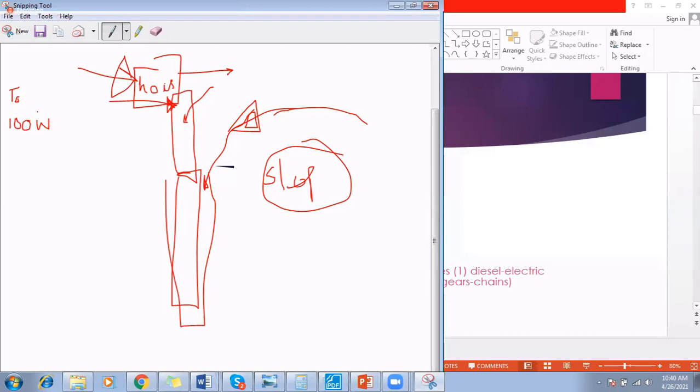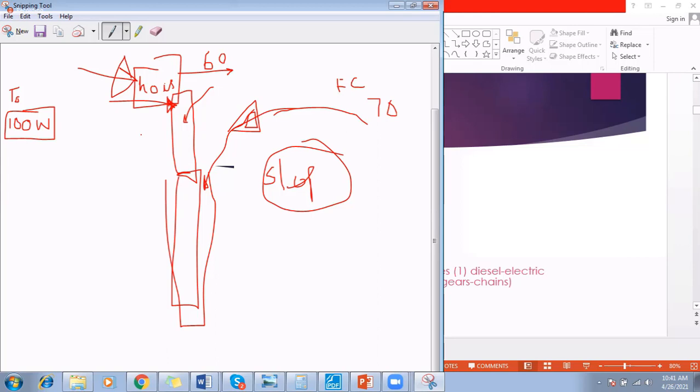So if the power is 100 watt, let's suppose the hoisting system is taking 60 and fluid circulation, FC meaning fluid circulation, is taking 70.